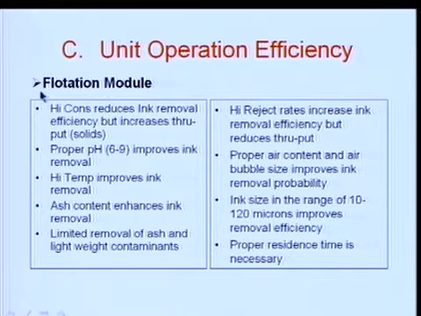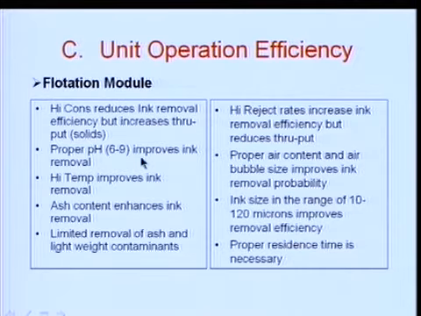Flotation module, again, high consistency reduces ink removal, because there is a problem with contact between air and ink particles, but it does increase throughput. On the same side, high reject rates increase ink removal efficiency but reduce throughput. So at high consistency, if you increase reject rates, you can get higher efficiency, but your yield goes down and you lose a lot of fiber.